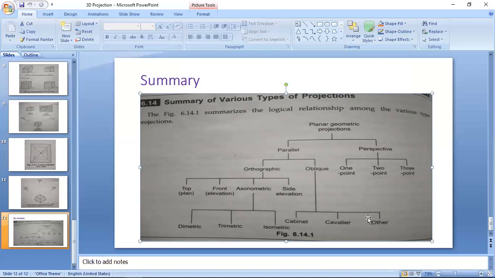Okay, and the other one is nothing but the multi-view that we have seen. Okay, and the second most important part is the perspective, in which there is no further more classification, only three classification types are there: 1 point, 2 point and 3 point. Okay, so this is very much important part from the exam point of view that we have covered today.